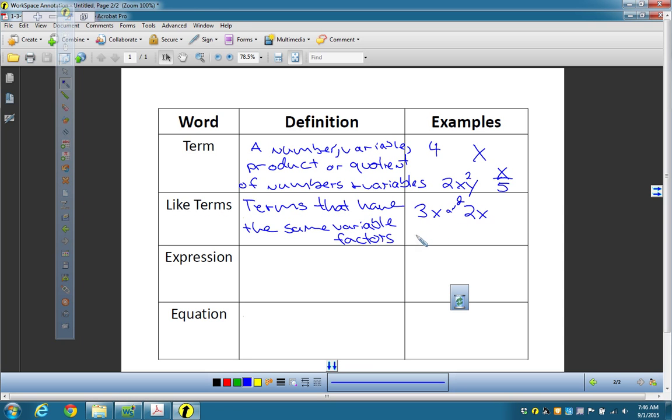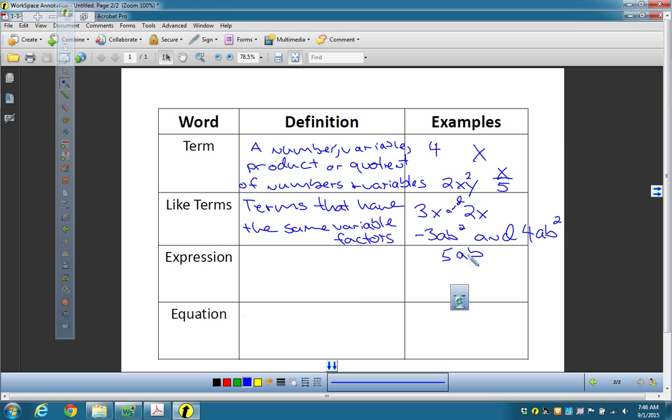And the next one, let's just do another one. What if I had negative 3ab squared and 4ab squared? Those are like terms. But I can't add a negative 3ab squared and a 5ab. Those are not like terms. If I have an ab squared and an ab, I can't put those together.